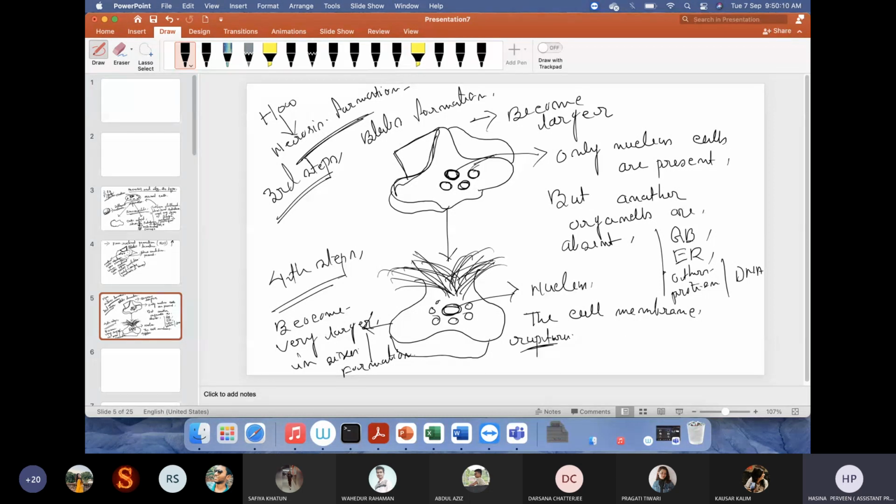Cell membrane ruptures. That means these conditions occur, and the formation, when it exits, becomes larger in size on the outer surface. That means this is the rupture condition in the last step.